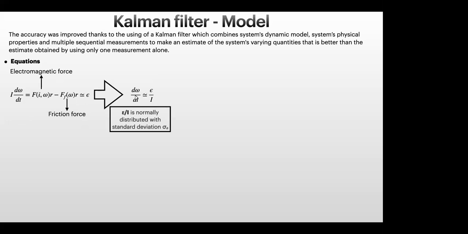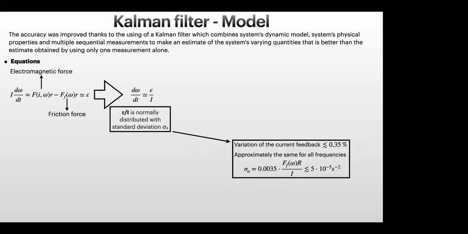The variation of the angular velocity should be normally distributed with a standard deviation that we can estimate from the variation of the current we induced in the coils. And by solving this very simple equation, we have the equations of motion.